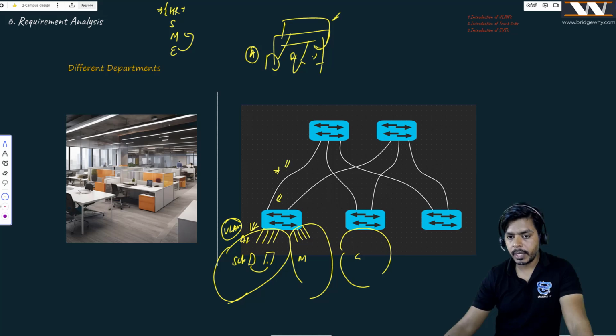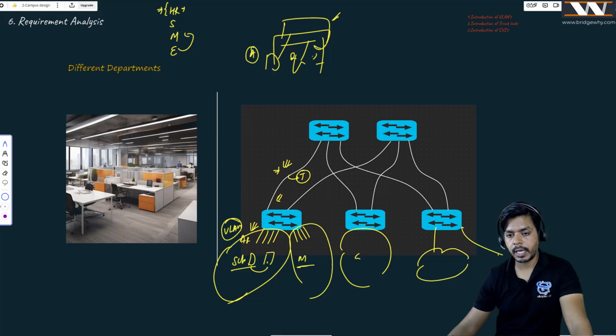And then we have the link between the switches. This should be able to take traffic of multiple VLANs, right? It means that we call such a link a trunk link, right? Because maybe you have sales here, you have marketing here, maybe you have sales here also and marketing here also.